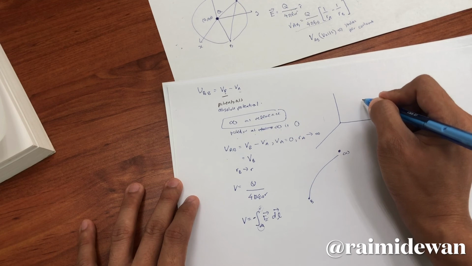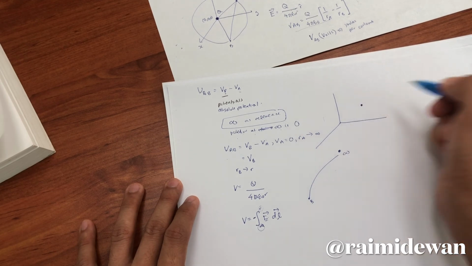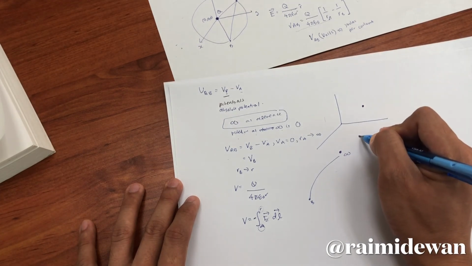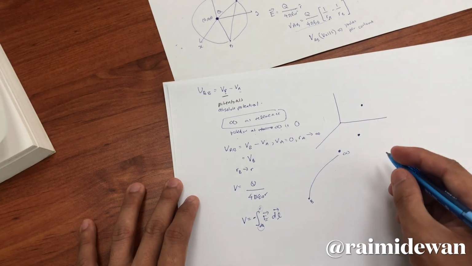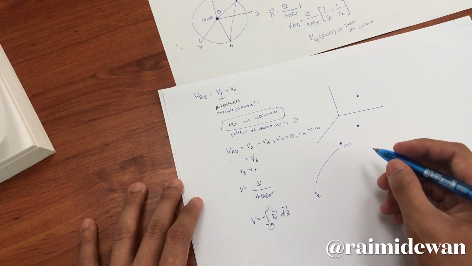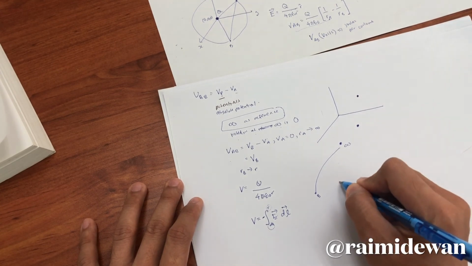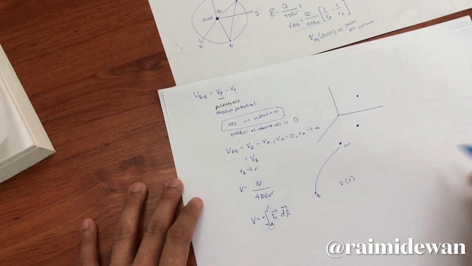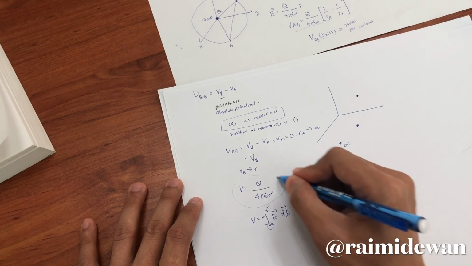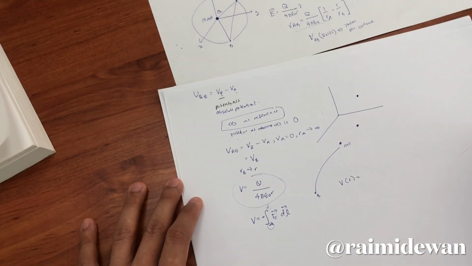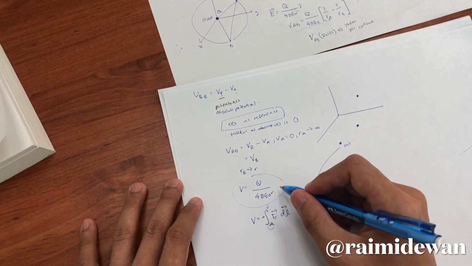For example, your point charge can be here, or it can be here. Remember this is the case for the absolute potential.